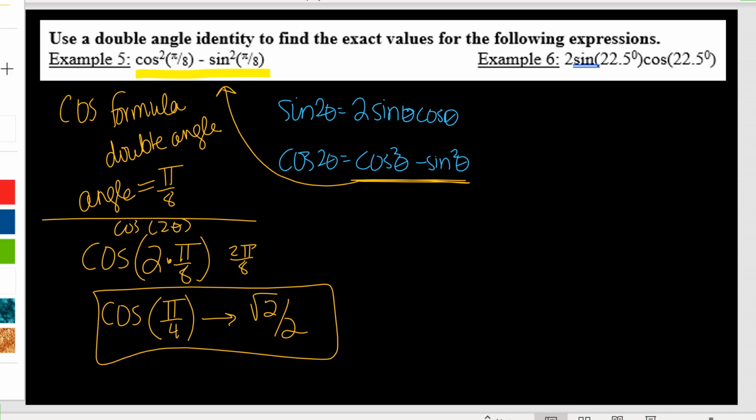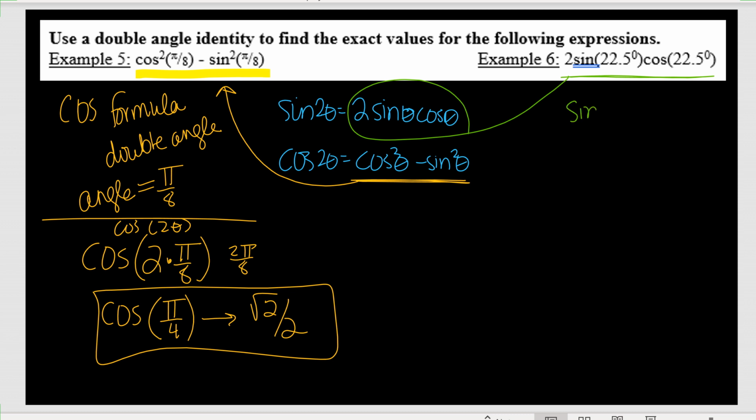All right, next chunk. Let's do example 6, last one. Sine of 22.5 degrees multiplied by cosine of 22.5 degrees. Okay, again, that one is looking a lot like 2 sine of theta cosine of theta.